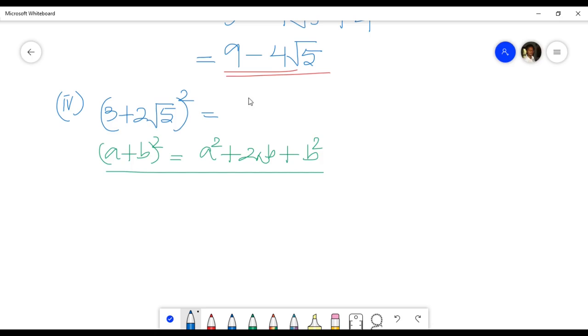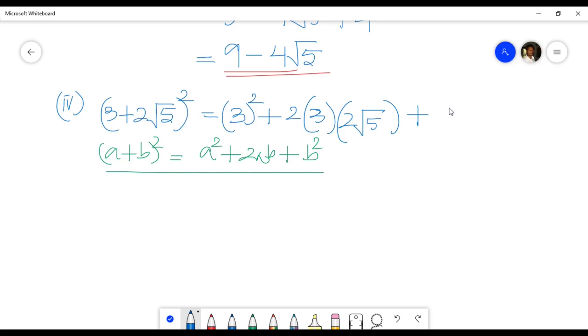We'll just replace the values here. a square refers to 3 square, plus 2 into a, which refers to 3, into b, which refers to 2 root 5, plus b square.